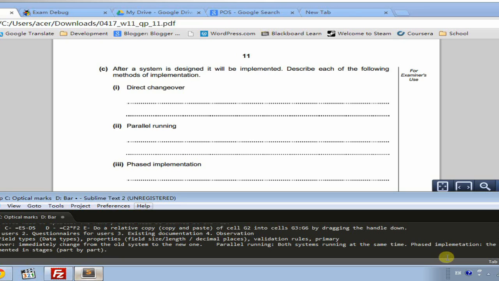So for example, we might have a database and we might have a front end and we might have a printing system, a new printer system. So in this phased implementation, we would first say introduce the new database. But we would keep the other things the same. Then once that's worked over a period of time, we would then change the printing system.